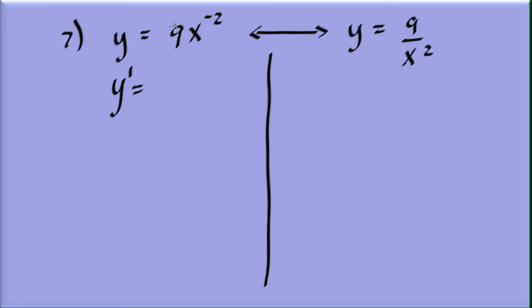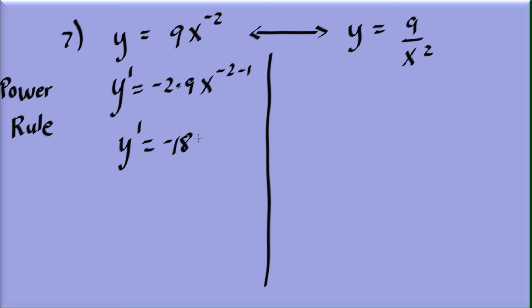So we say negative 2 times 9, okay? So that's the power rule right here. Negative 2 times 9, x to the negative 2 minus 1, okay? So that is negative 18, x to the negative 3.